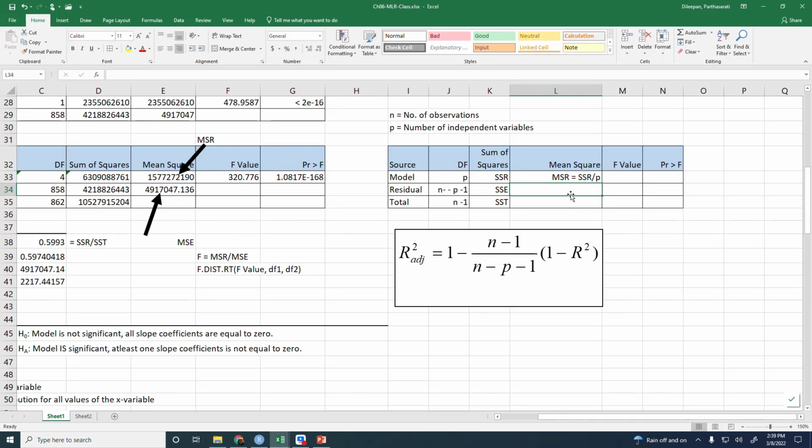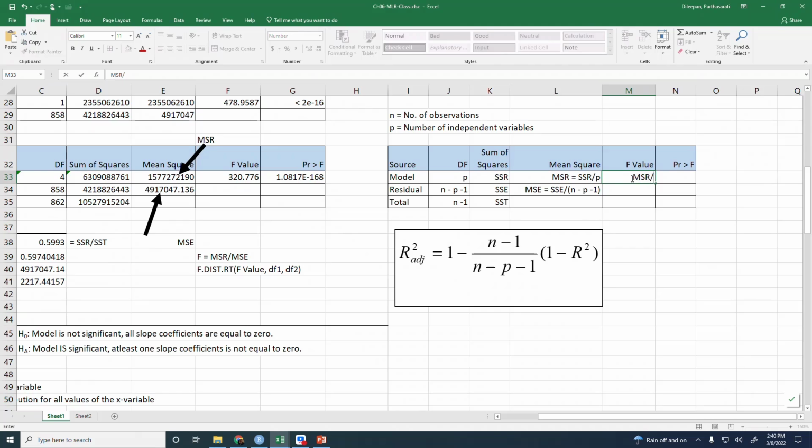Then this is MSE, that is SSE divided by the degrees of freedom here, which is n minus p minus 1. So that's what that is. And we don't compute the mean total square. We only need these two. And then the F value is MSR divided by MSE. So that's how the whole thing gets built.